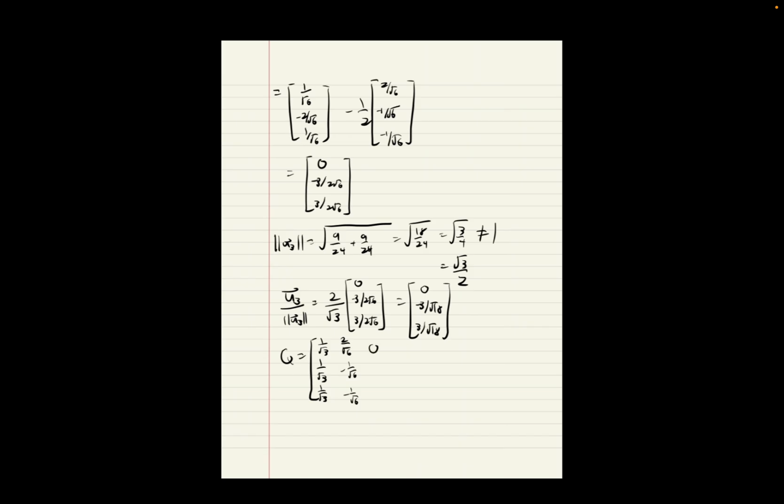So 0, negative 3 over root 18, and 3 over root 18. Our lambda is going to be the exact same lambda as it was before, 6, 3, 3 as the eigenvalues on the diagonal. And with that, problem 12 is done.